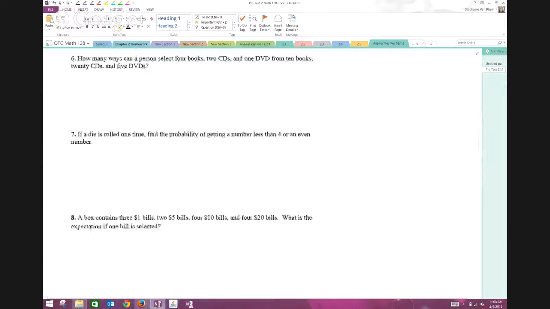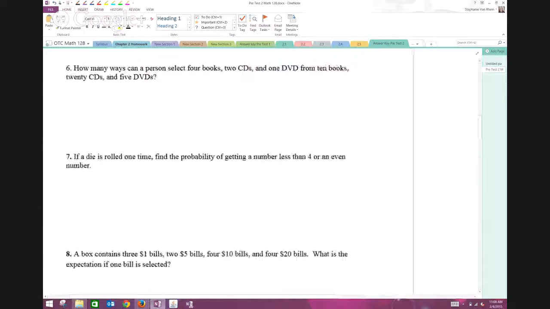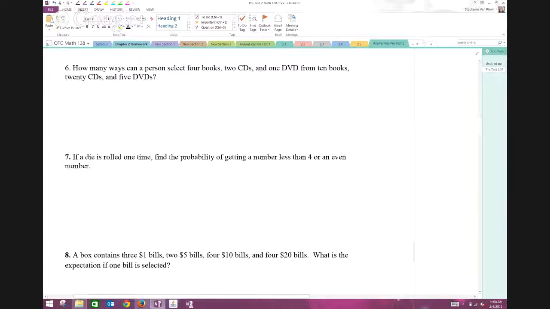Number 6, how many ways can a person select 4 books, 2 CDs, and 1 DVD from 10 books, 20 CDs, and 5 DVDs? This is not a probability question. This is just how many ways it can happen.